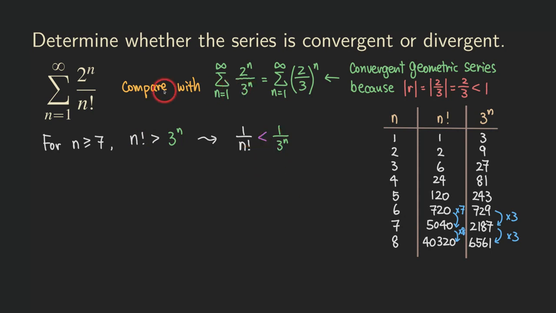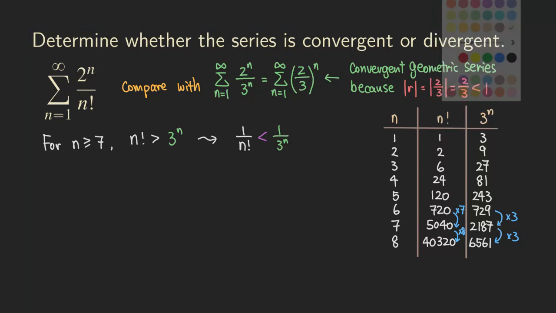And the next step, because both fractions have a 2 to the n in the numerator, we are going to multiply both sides by 2 to the n. Because 2 to the n is non-negative, the inequality will still hold, even if we multiply by 2 to the n.